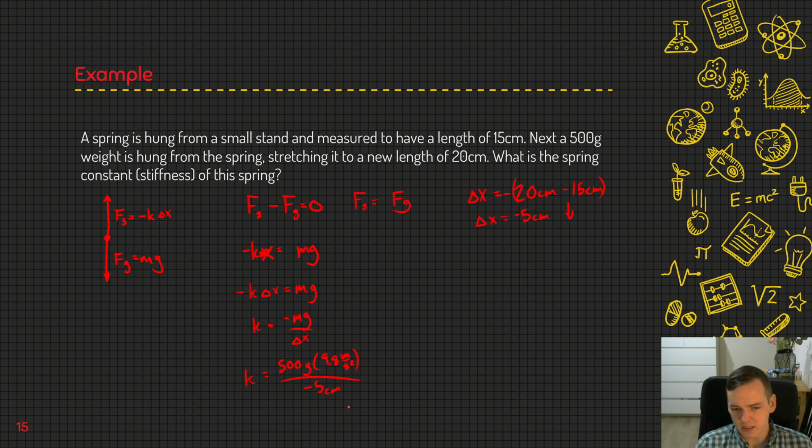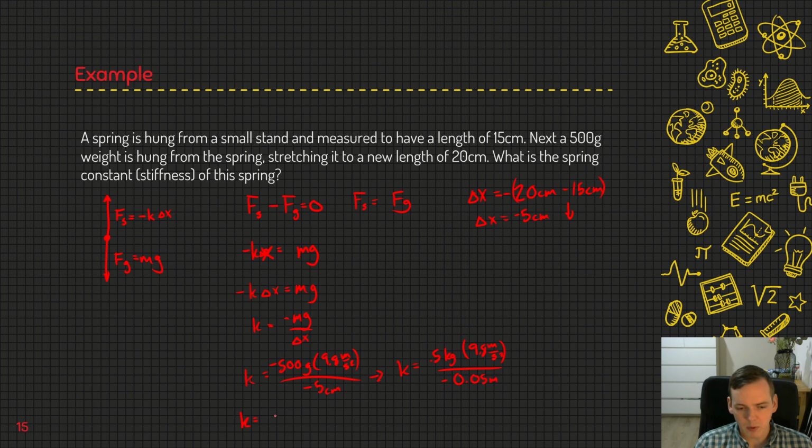So now we've got a problem because these units aren't the same, so we'll have to convert this into meters and into kilograms. Because remember, kilograms times meters per second squared is going to be our newtons. And so we will get k is equal to 0.5 kilograms times 9.8 meters per second squared divided by negative, sorry, should be negative on top and bottom, negative 0.05 meters.